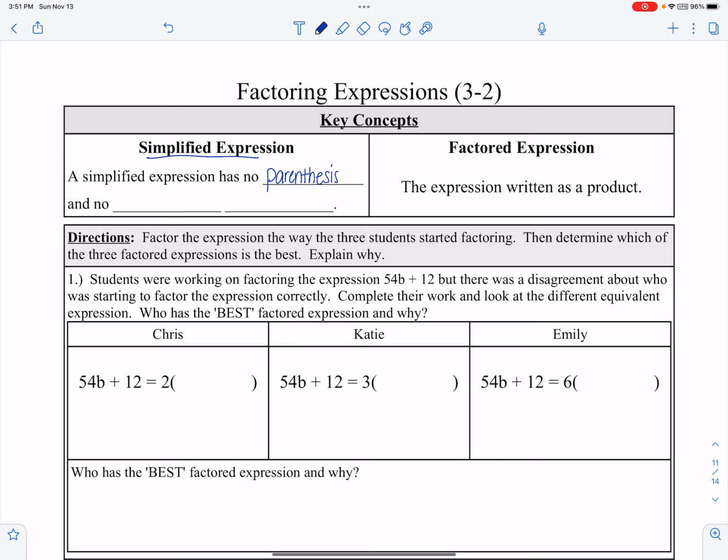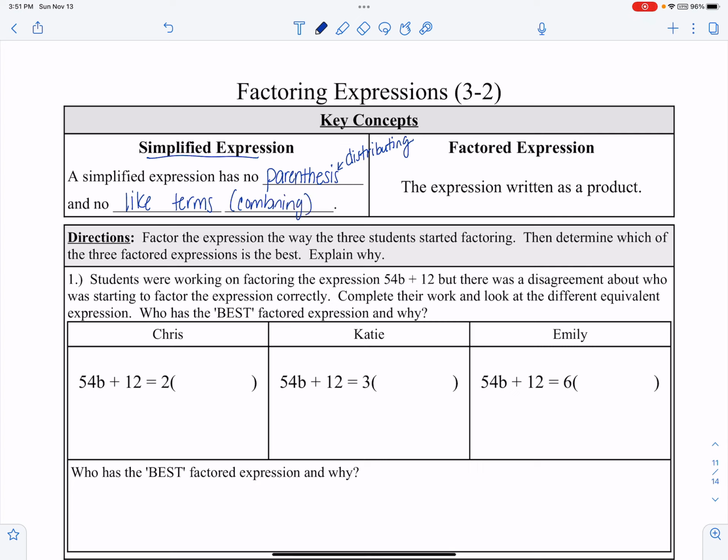And we get rid of the parentheses through distributing, by using the distributive property. And it also has no like terms. And this is through combining.